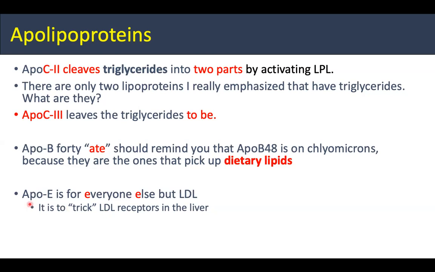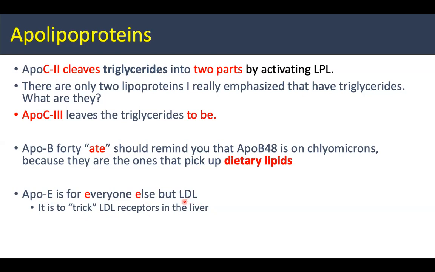The last one that I want you guys to remember is ApoE. Essentially the function of ApoE is this: if you remember, on your liver, I have these receptors that are called LDL receptors. They're not called VLDL receptors. They're not called HDL receptors. They're called LDL receptors. And so the problem with this is that the hepatocytes recognize LDL by itself, it doesn't need any further modification.